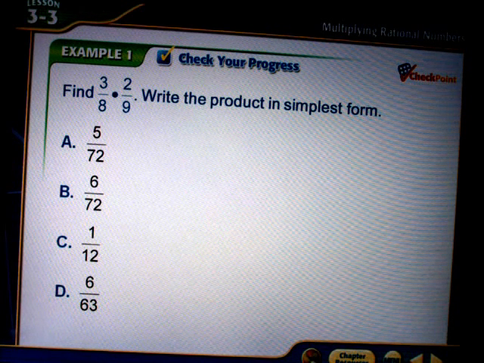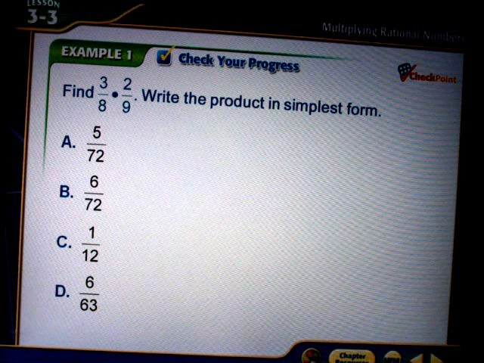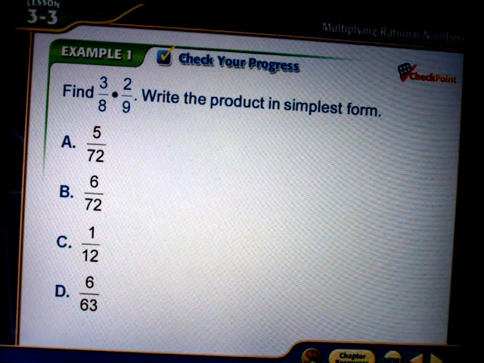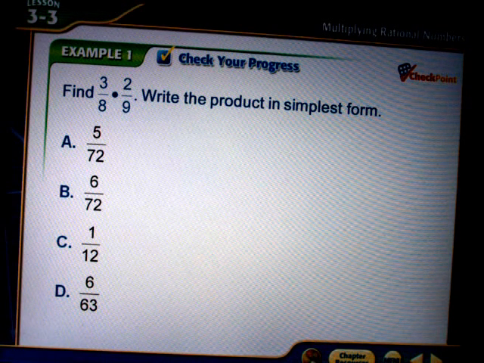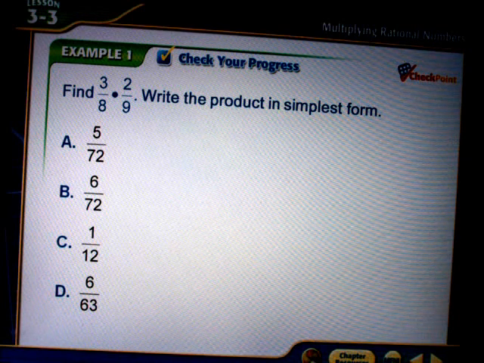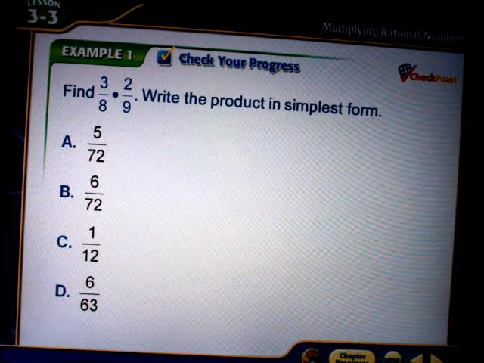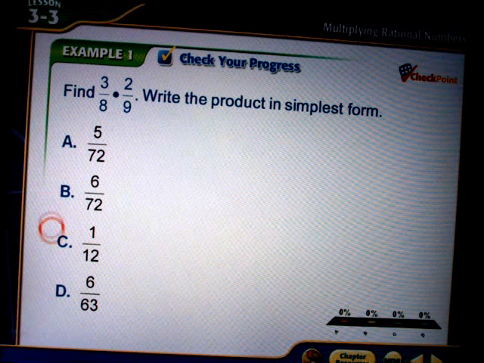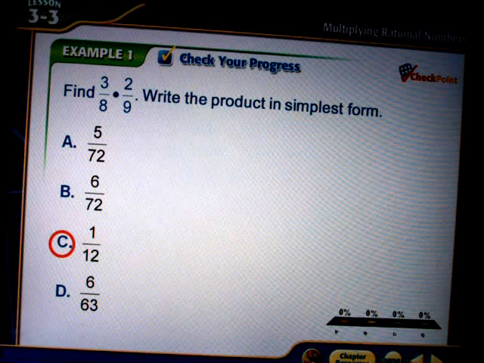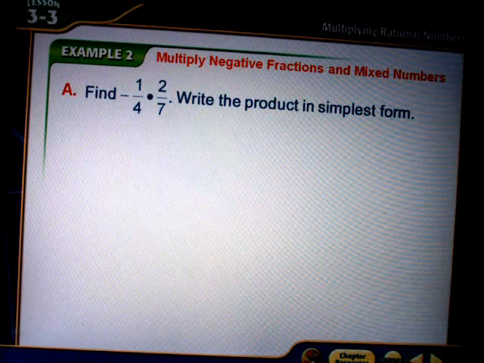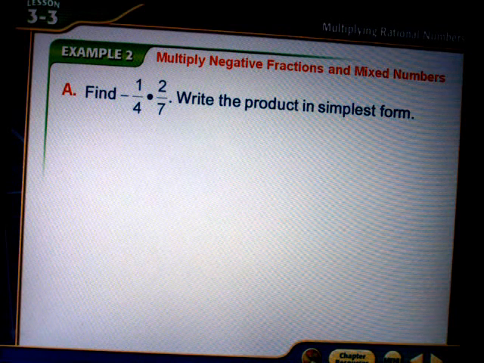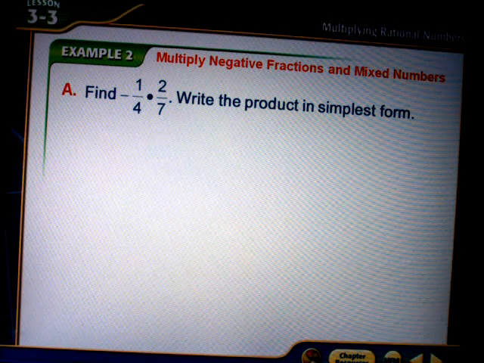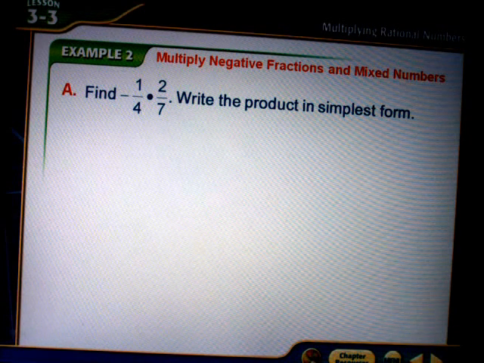Is the answer A, 5/72, B, 6/72, C, 1 1/12, or D, 6/63? And your answer is? Now, find negative 1/4 times 2/7. Write the product in simplest form.